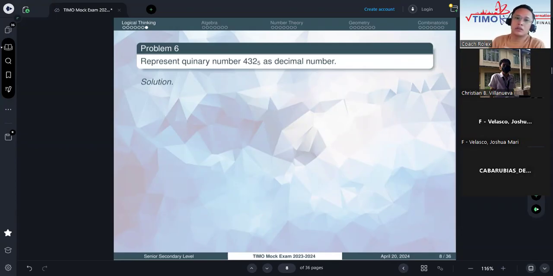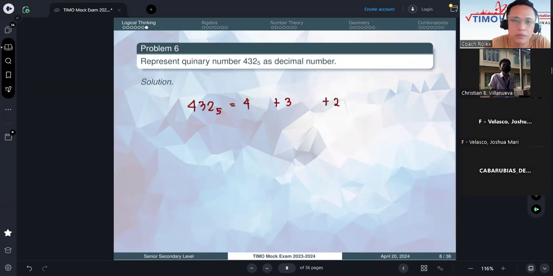Okay, so in expressing a quinary number in decimal, all you have to do is take 432 base 5. You will get each of these digits. We have 4 plus 3 plus 2.